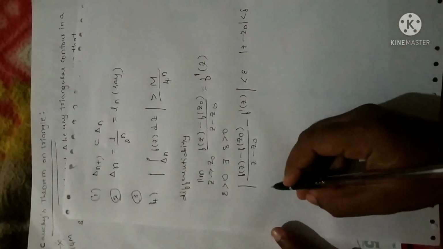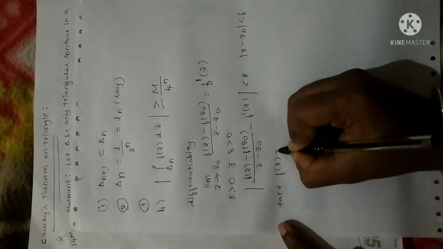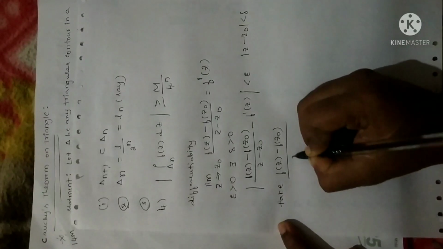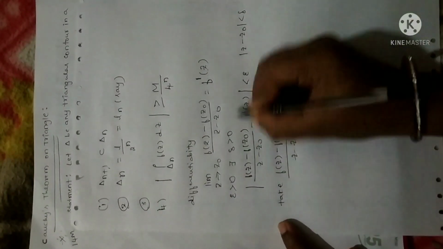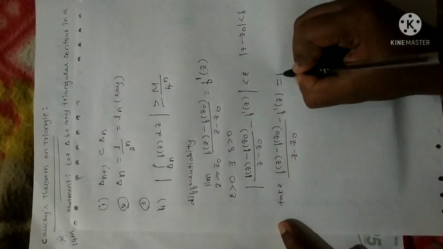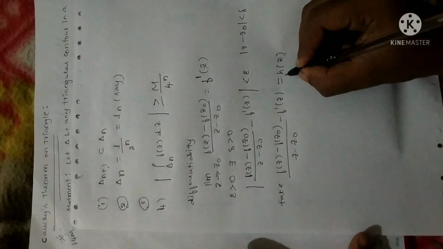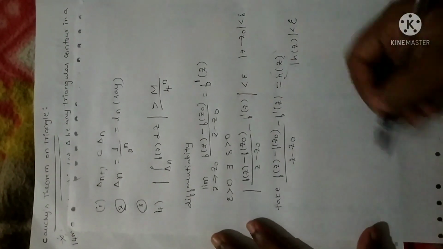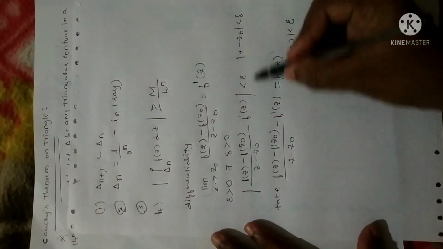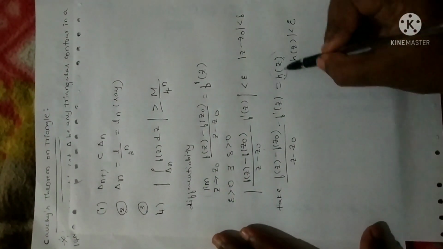Now instead of epsilon, suppose it is not a small quantity, so I can write the expression f of z minus f of z naught divided by z minus z naught minus f dash of z naught. Let me consider this value as some h, some function of z, in such a way that the magnitude of this function will be less than epsilon. Instead of epsilon, what I have done is let it be a function of z.